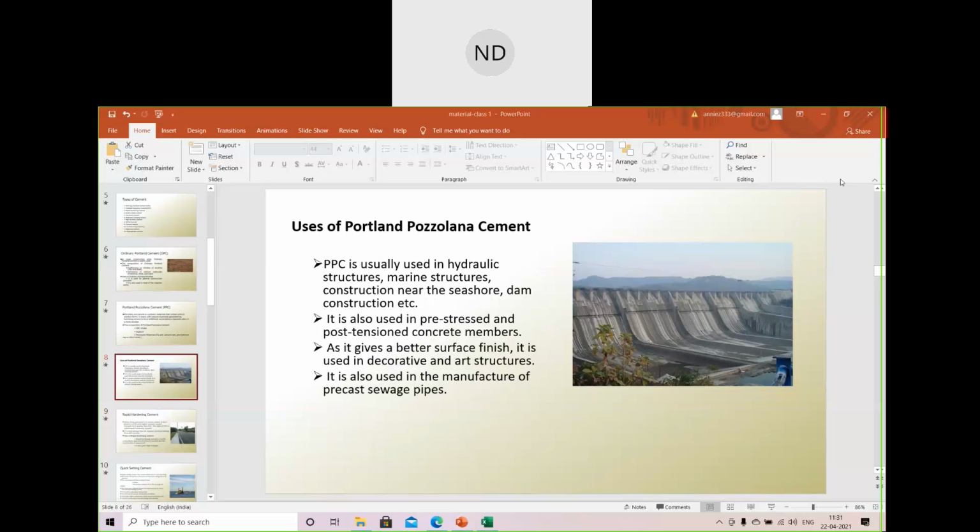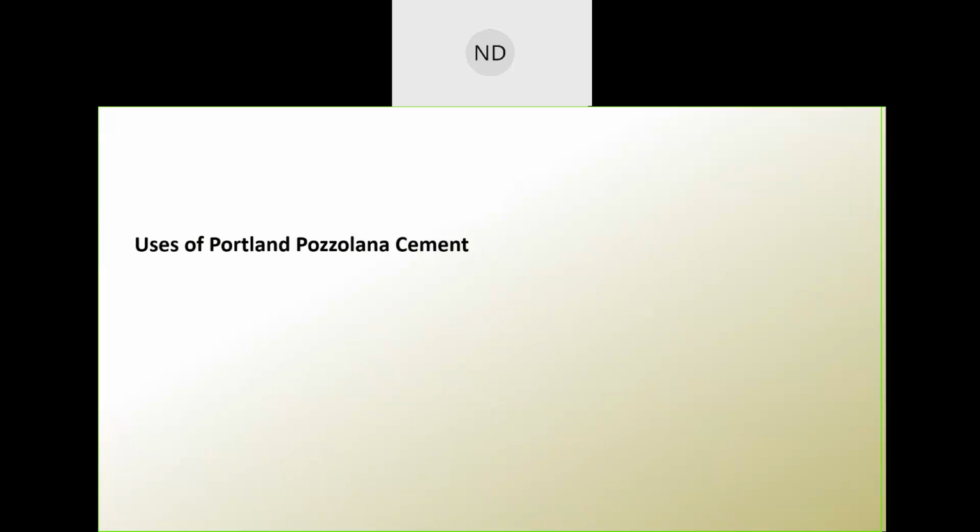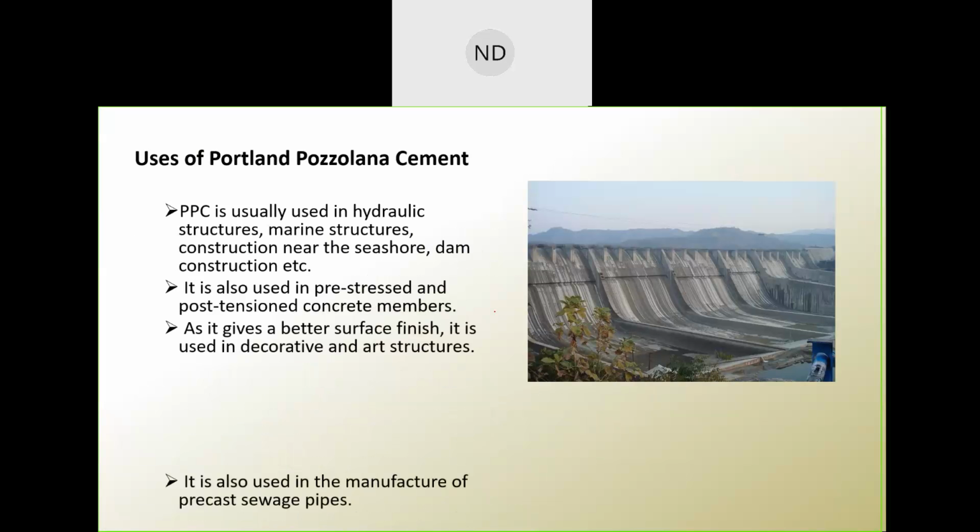I think we have done till PPC, the uses of PPC. Okay, then next we'll go. This was the uses. We have already discussed the uses.